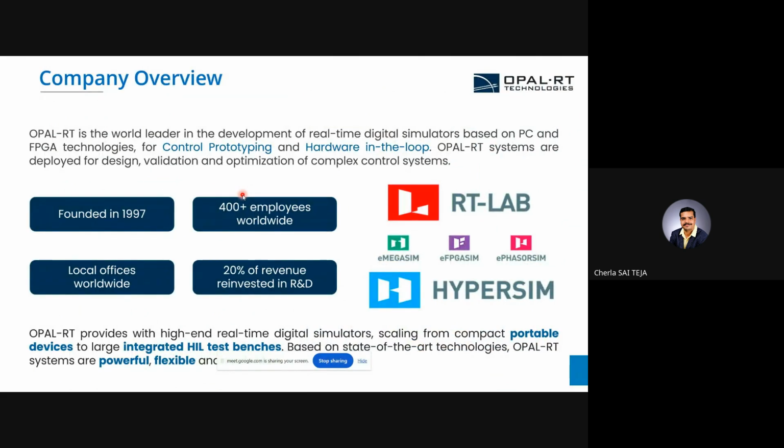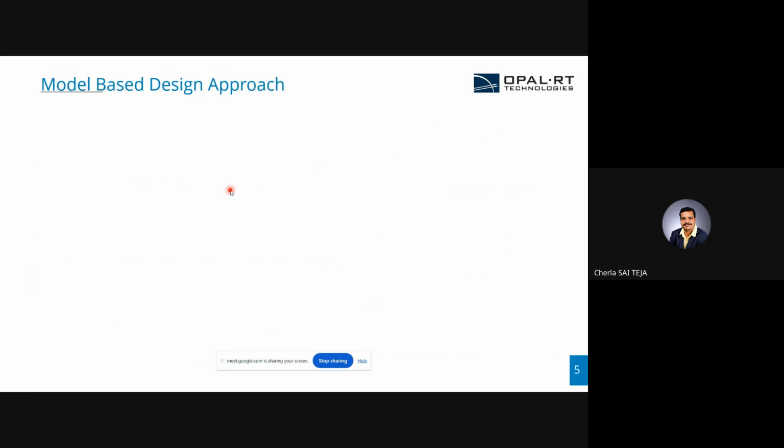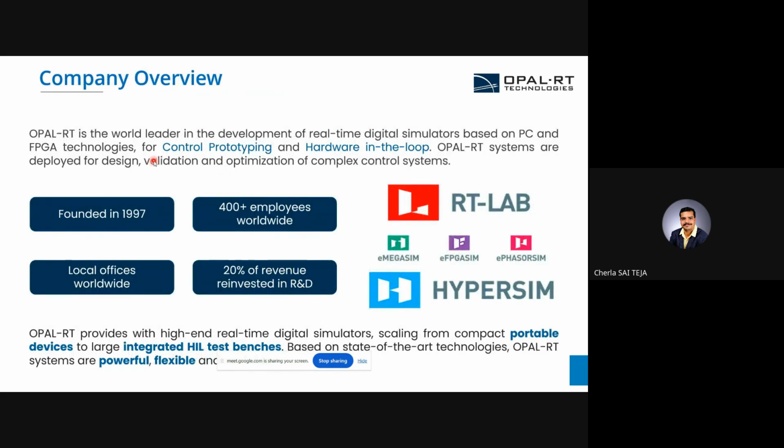Coming to our company overview, OPAL is the world leader in development of real-time digital simulators, and all our simulators have technology of both PC and FPGA. These simulators are used for rapid control prototyping and hardware-in-the-loop applications. These systems are mainly deployed for design, validation, and optimization of complex control systems.